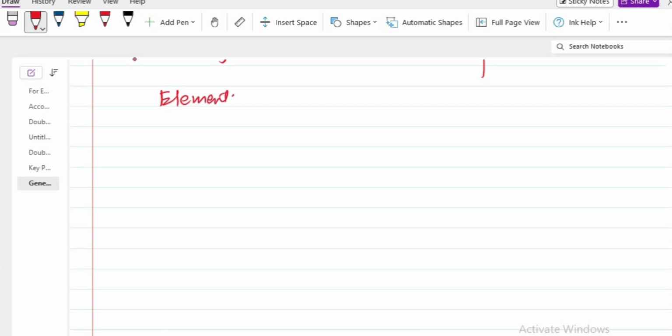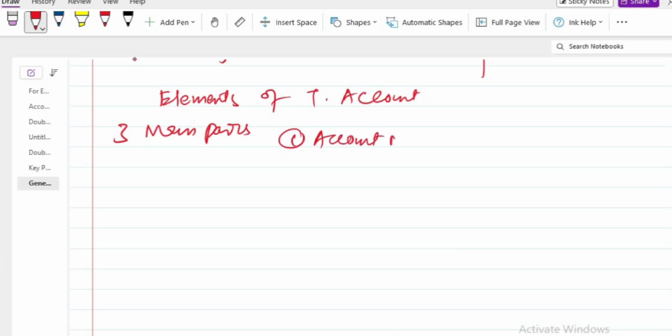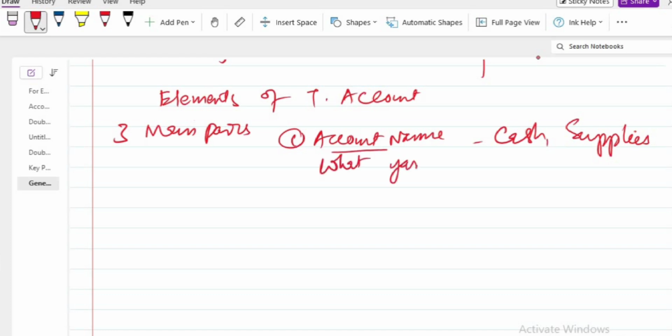We have three main parts. The first one is the account name, which means what you are tracking, like cash, supplies, revenue, and so on. Clear?